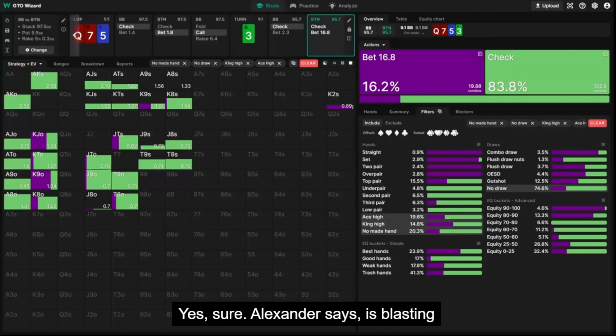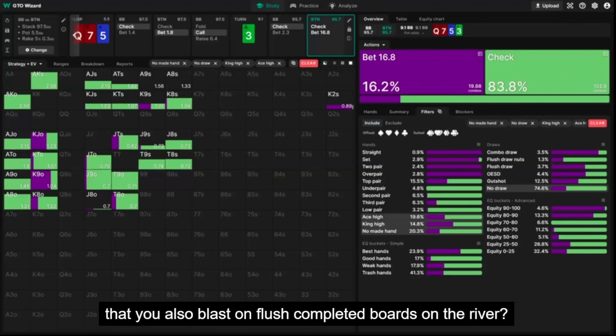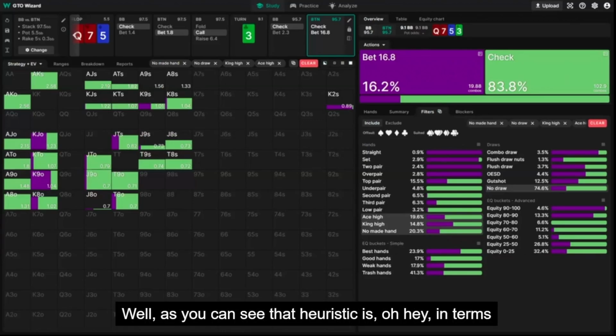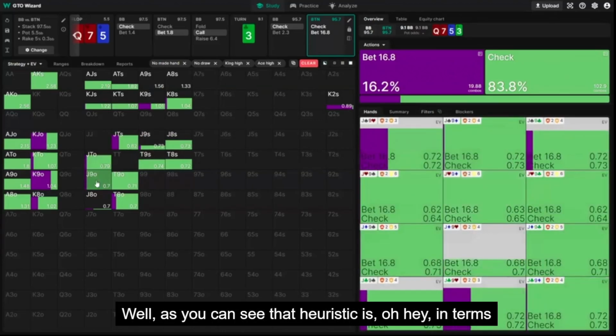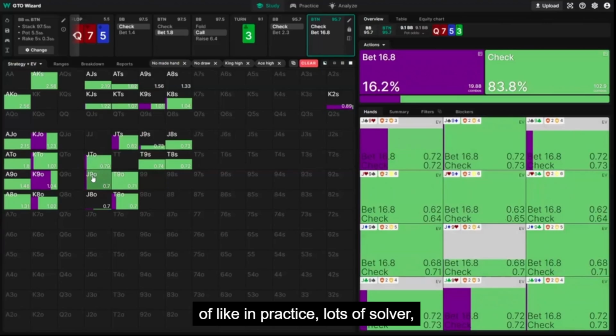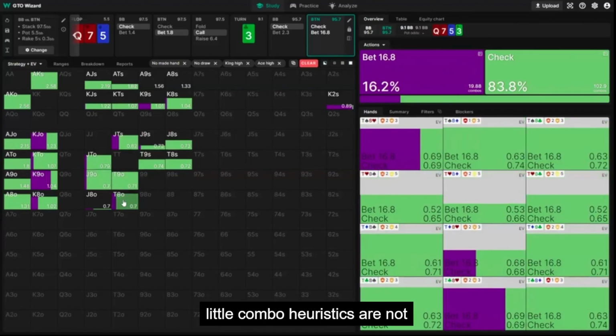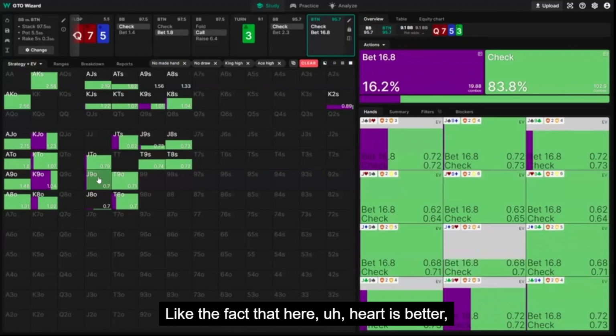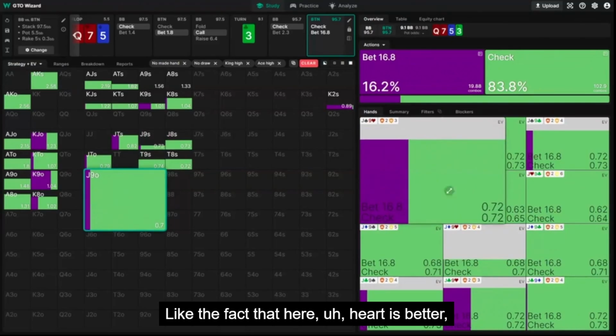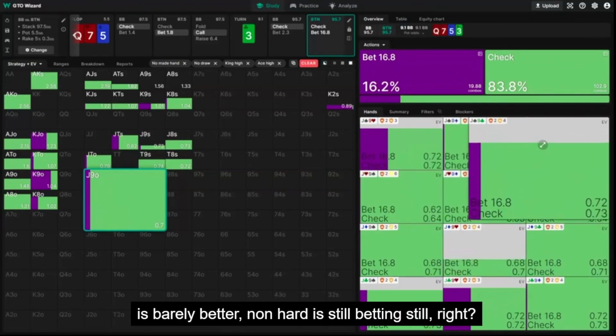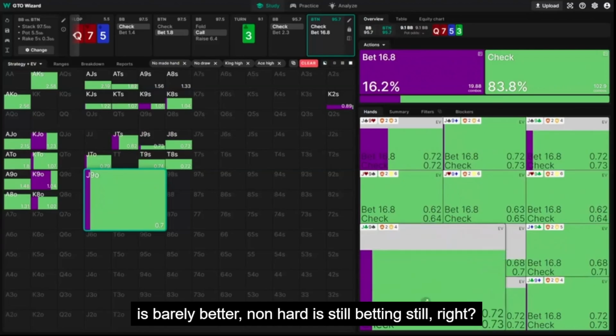Yes, sure. Alexander says, is blasting with the heart also intended so that you also blast on flush completed boards on the river? Well, as you can see, that heuristic is okay in terms of like in practice. Lots of solver little combo heuristics are not that important, let's just say, right? The fact that here heart is barely better, non-heart is still betting, right?